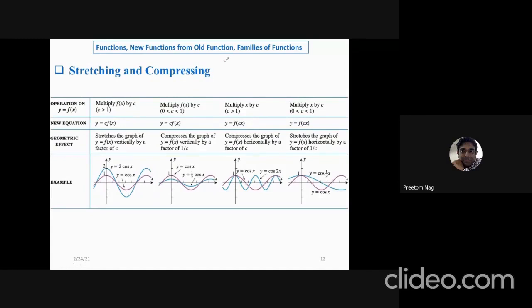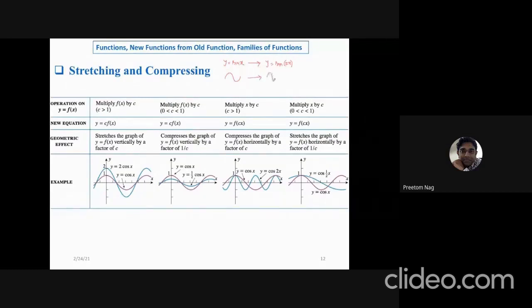For example, suppose y equals sin x. The graph of sin x looks like this. If I consider y equals sin 2x, how will the graph change? The graph will change into this form.